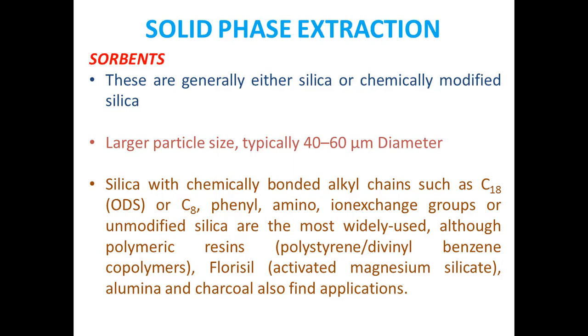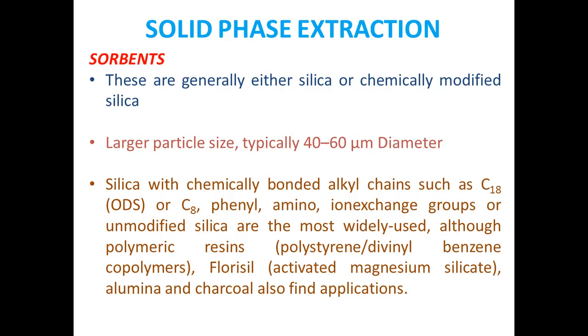So sorbents are the chemical compounds which tend to make the solutes undergo adsorption or sorption, or which tend to make the analyte have some certain interaction with the sorbent itself. So sorbent will make the solute interact with itself either by adsorption process or hydrogen bonding or dipolar interaction or van der Waals interaction or electrostatic force of attraction or hydrophobic interaction, etc. Many interactions we can expect between the solute and the sorbent.